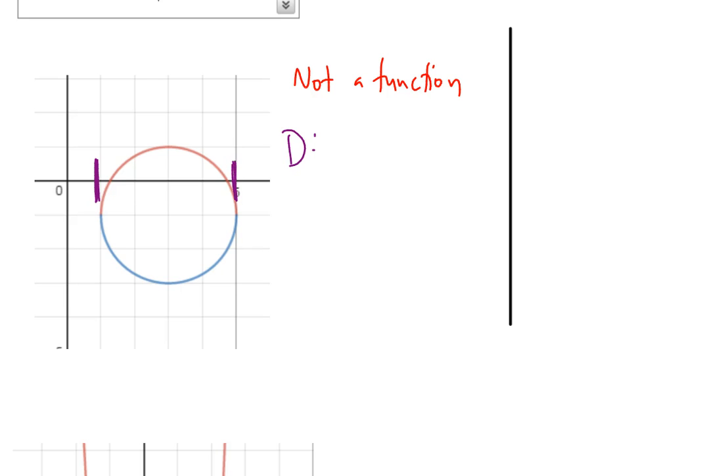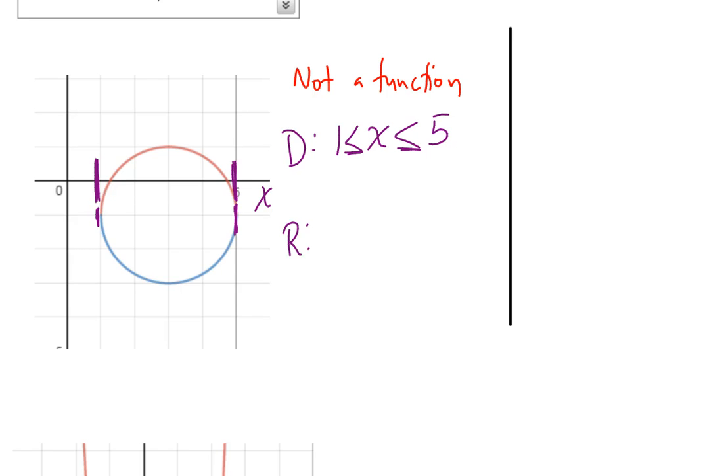Now again, the domain is about the letter x, so I say that my x's have to be greater than 1 but less than 5. Now does it look like they're actually touching 1 and 5? Looks like it to me, so instead of just being less than, it'll be less than or equal to, and less than or equal to here. In English, we read this as x is between 1 and 5.